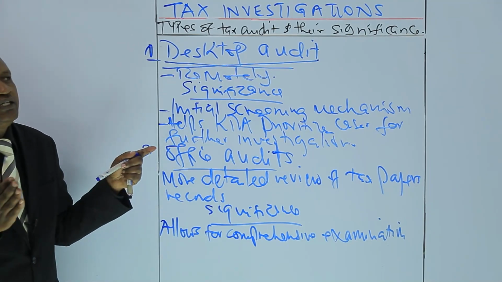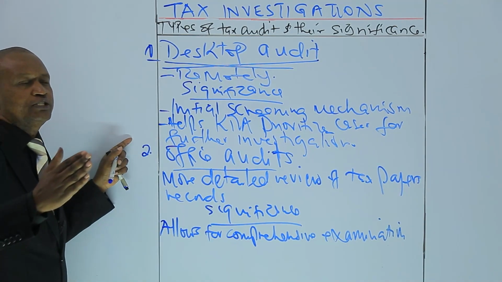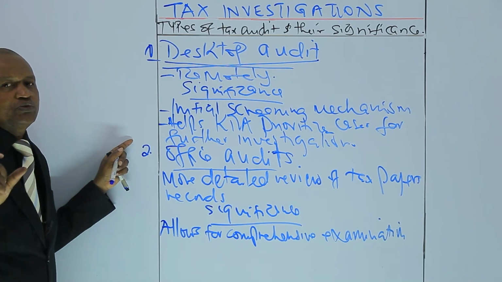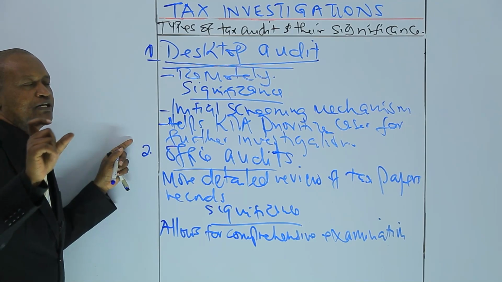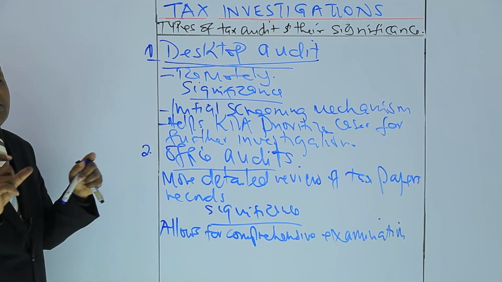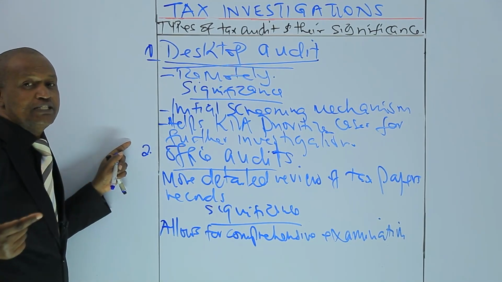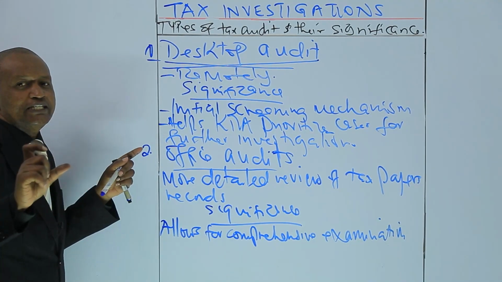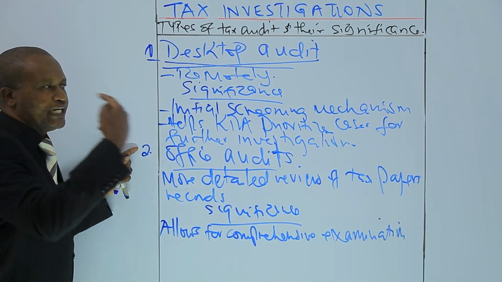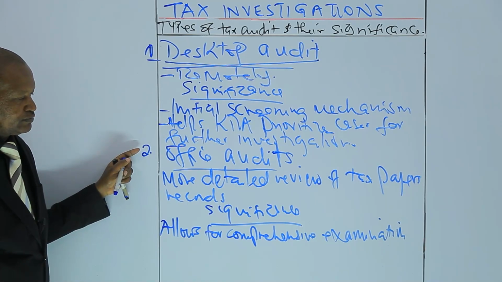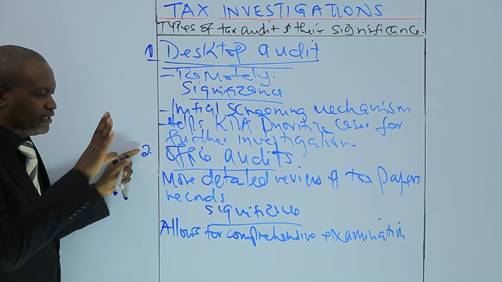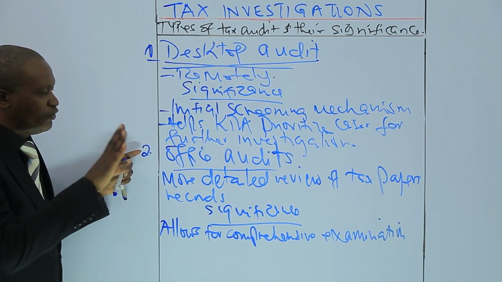And such audits provide KRA with a clear understanding of the taxpayer's financial situation. The Revenue Authority also gets a clearer understanding of the taxpayer's tax practices, which enables them to identify potential non-compliance issues because of the nature of the office audit.